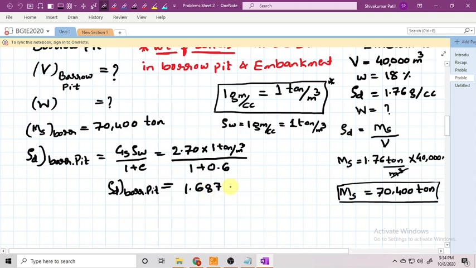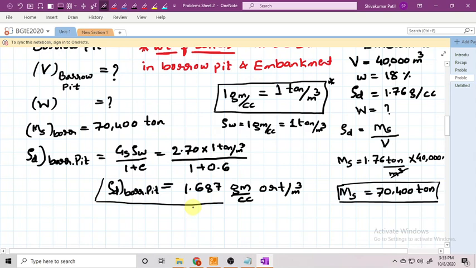It may be in gram per cc or ton per meter cube, because both are the same: 1 gram per cc is nothing but 1 ton per meter cube. So this is the dry density of the soil in the borrow pit.